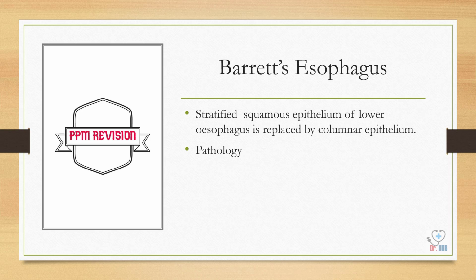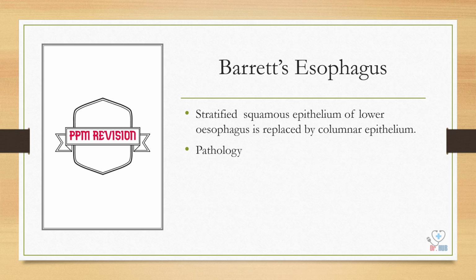Here, Barrett's epithelium is nothing but columnar metaplasia. It progresses to dysplasia, and it can also progress to esophageal adenocarcinoma.